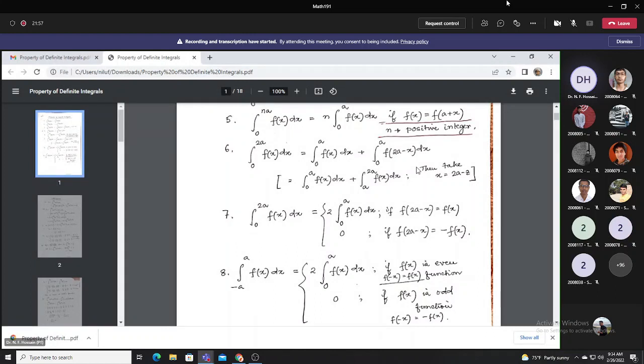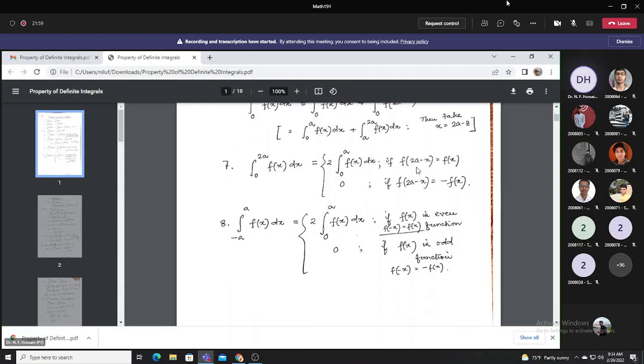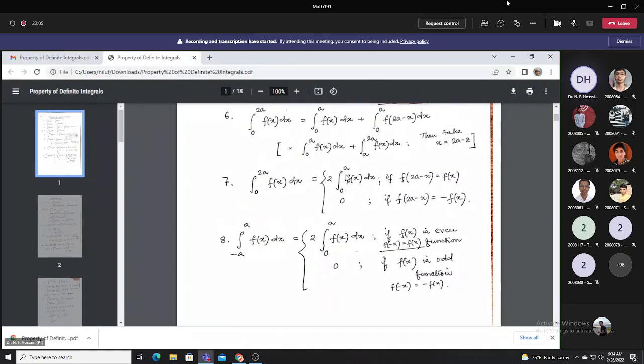Now number 7, integral 0 to 2a f(x) dx equals 2 into integral 0 to a f(x) dx if f(2a minus x) equals f(x). Actually, it is an extension of the previous property number 6.